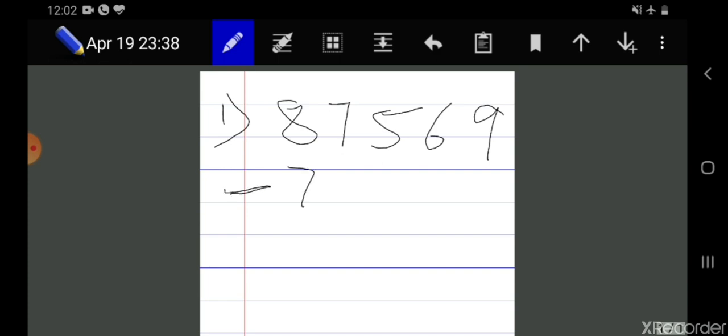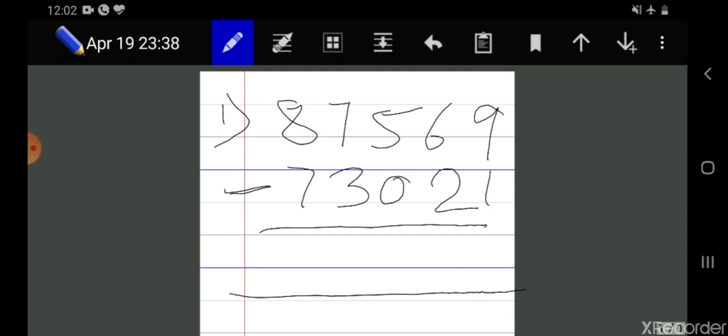In the first question we have to subtract 87,569 minus 73,021. 9 minus 1, 8; 6 minus 2, 4; 5 minus 0, 5; 7 minus 3, 4; and 8 minus 7, 1.